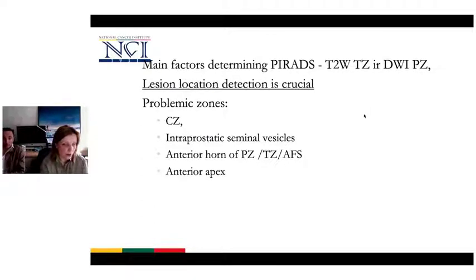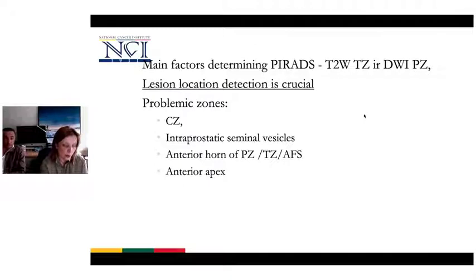Let me remind you of the main factors when determining PI-RADS: we use T2 sequences and diffusion sequences. T2 is important for the transition zone, diffusion for the periphery. And of course, we add contrast, which is sometimes important in differentiating difficult lesions.